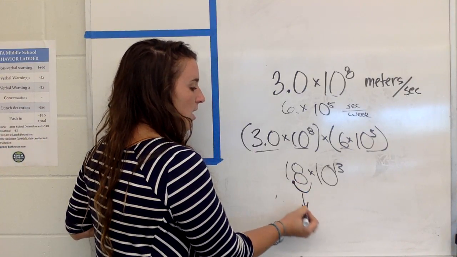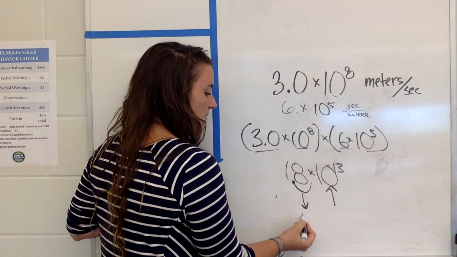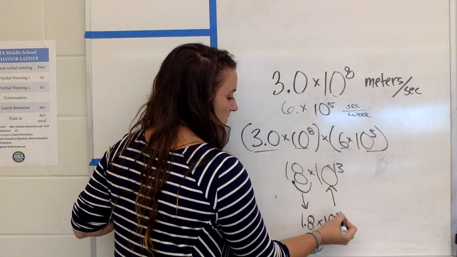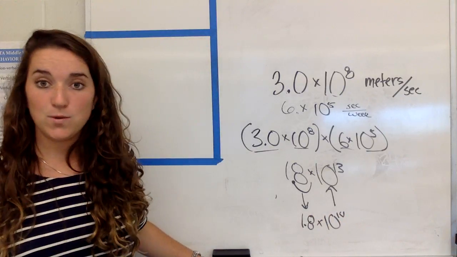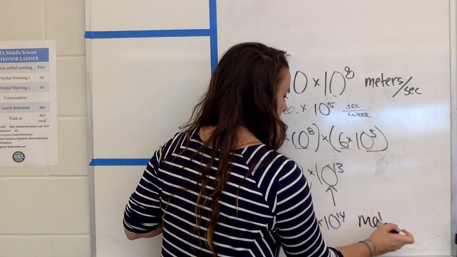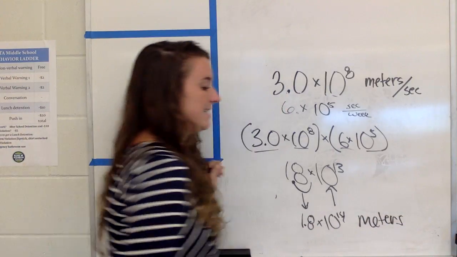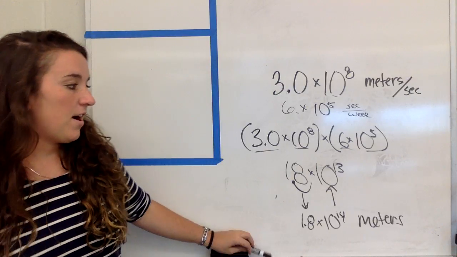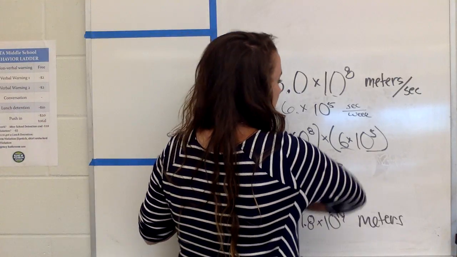This number got smaller by 1, so this number needs to get bigger by 1. And I'll have 1 and 8/10 times 10 to the 14th. What is my unit? My unit is going to be meters because it is the distance that it traveled in 1 week. All right, moving on to question 2.